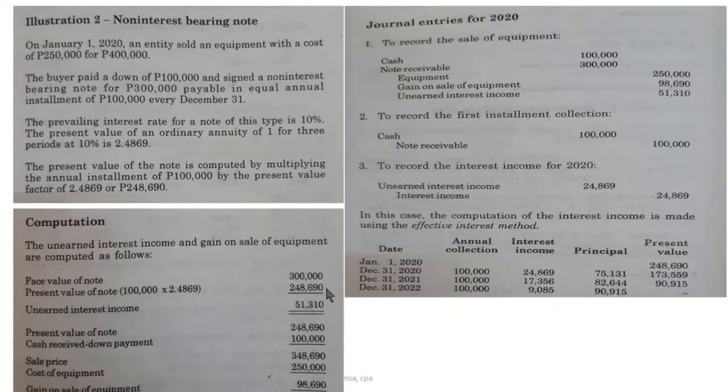That's why akong giingon ganiha, pwede dili na ni nato siya computon, basta kay naka-compute na tag unearned interest income. So, credit. So, we have two credits as of now, 250 and 51,310. And the balancing figure, kaning gi-compute dire, automatic mao na siya ang gain on sale.